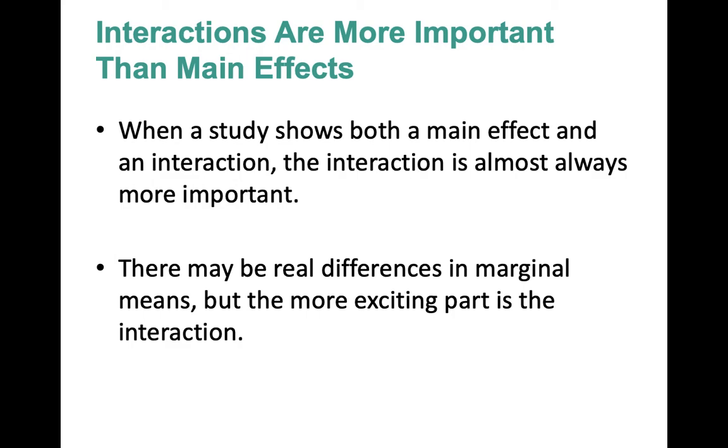And chances are when you see a published factorial design in the research, the researcher is looking for an interaction in the first place, and that's why they have a factorial design. So that's usually the purpose of the study. And in many ways, the interaction is more important because it kind of qualifies any main effect that is found.